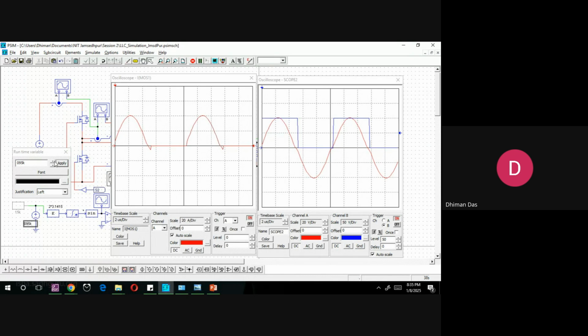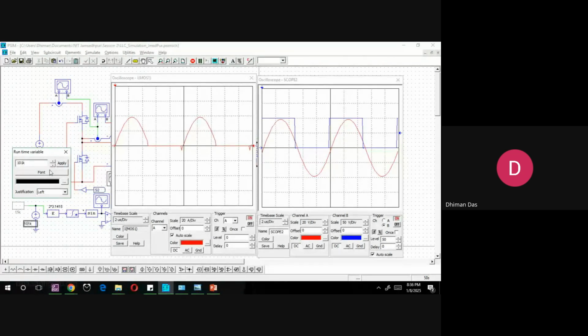Okay, now if I increase the frequency, you see this is the negative current. A small amount of negative current is flowing through the switch. That means the tank is going into the inductive region.